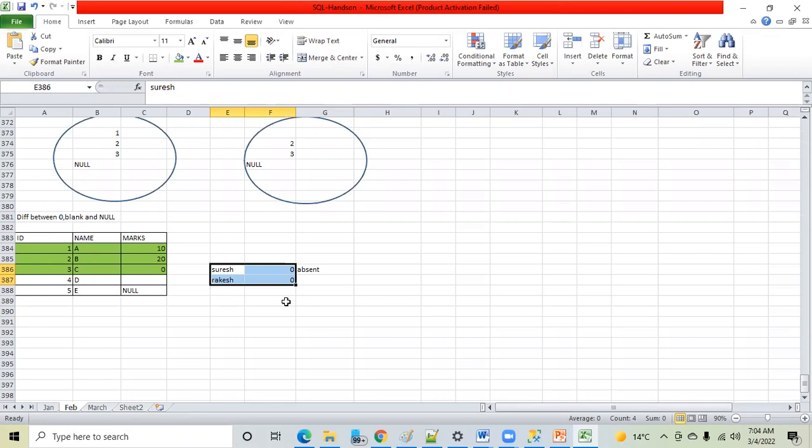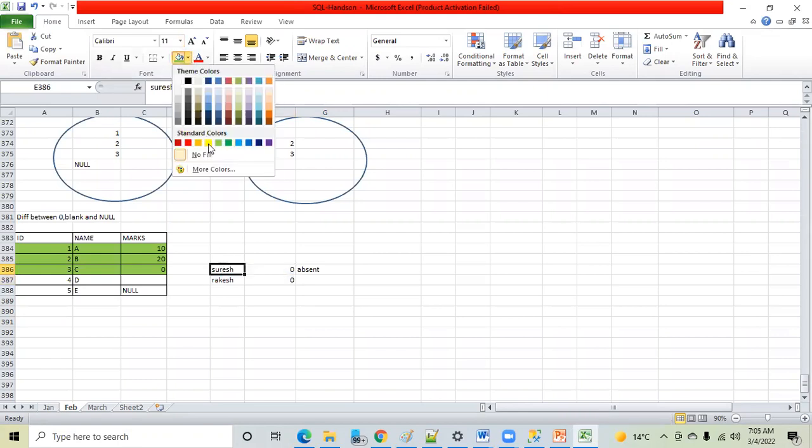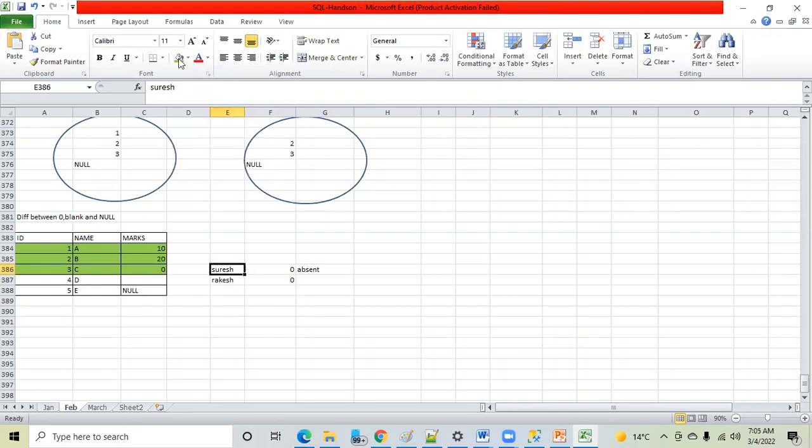No. Why do you think so? Because Suresh is absent, so there is no meaning to enter 0. Yes. See, during our school days, college days, if someone is absent, you might see that the class teacher will give 0 marks, and the reason is he was absent.